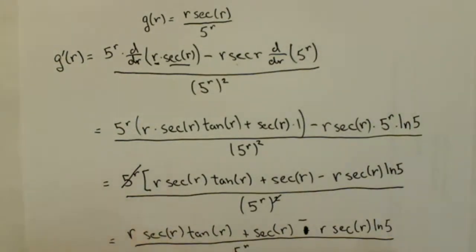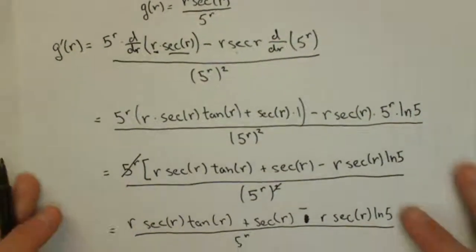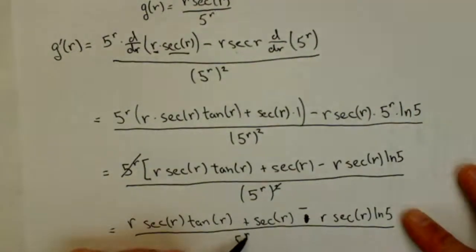That's going to be about as much simplifying as we're going to be able to do on this one. Oops, that's a 5 to the r there on the bottom.